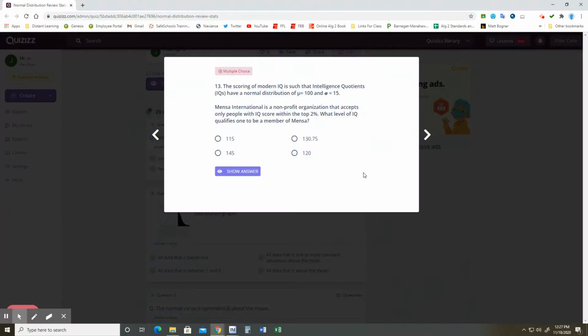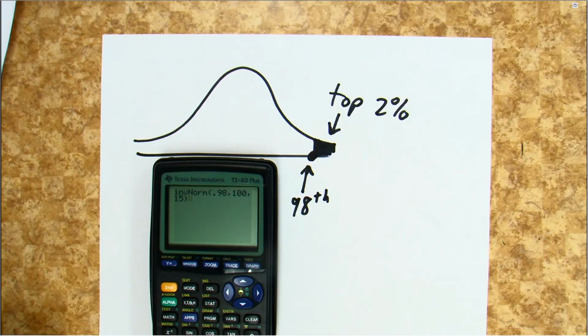So if you're at the 98th percentile with an average of 100 and a standard deviation of 15, look what I'm typing in right there. The 98th percentile with 100 as my average and 15 as my standard deviation. Now, on your calculators, if you did left, this is exactly what you would type in.